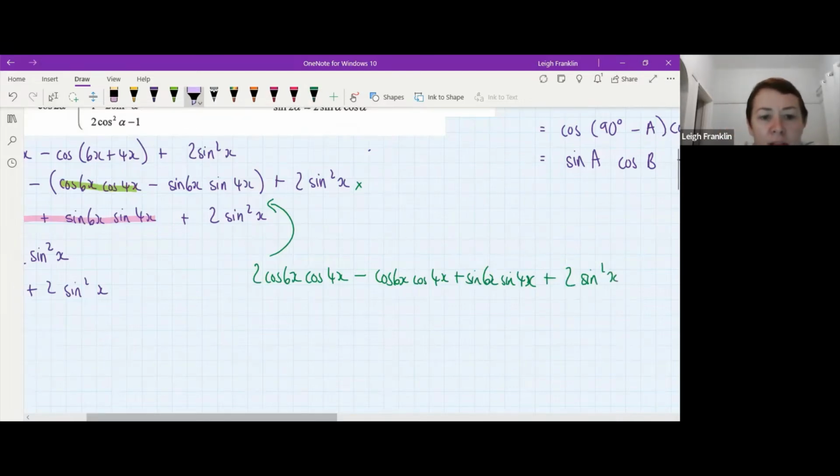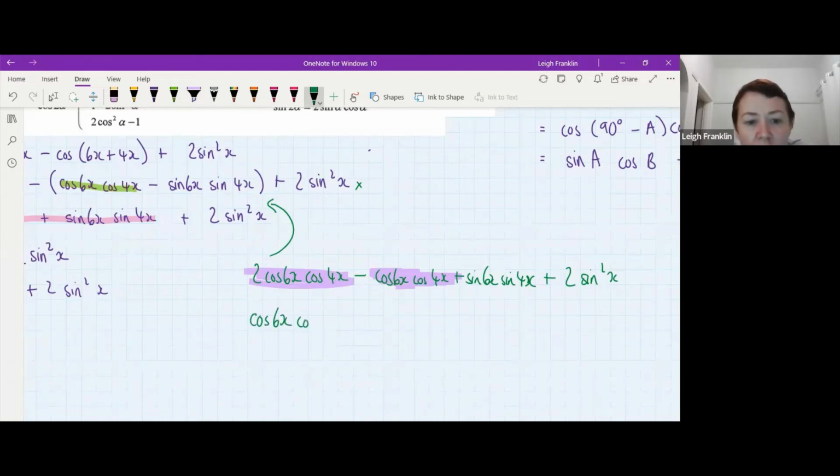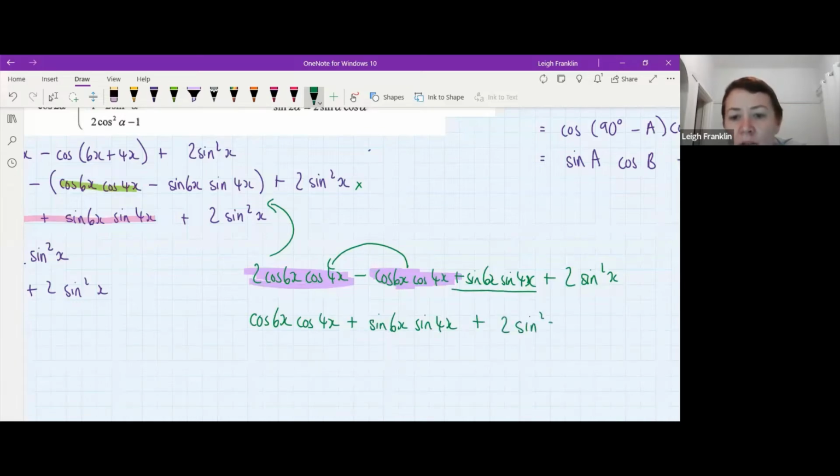Then these two, this one here and this one here, are like terms. So if I've got 2 of them and I take away 1 of them, I have 1 left. So I have cos 6x cos 4x left, plus the sine 6x sine 4x that I had originally. And then I'm also going to bring down my 2 sine squared x.